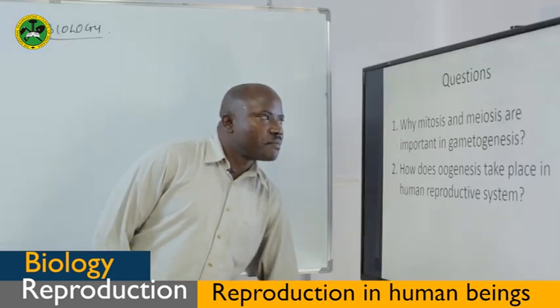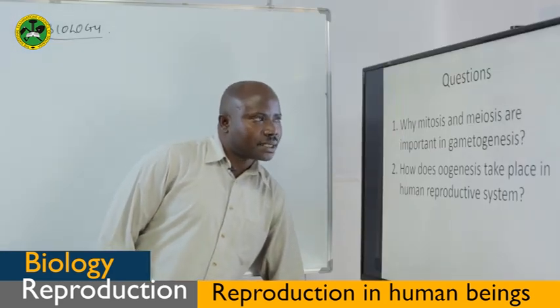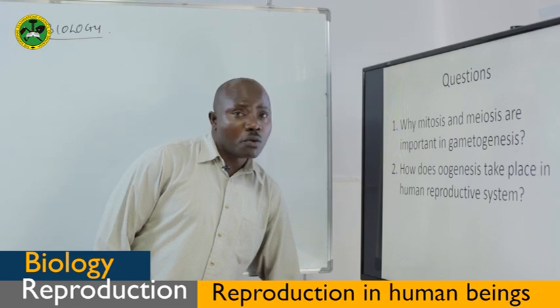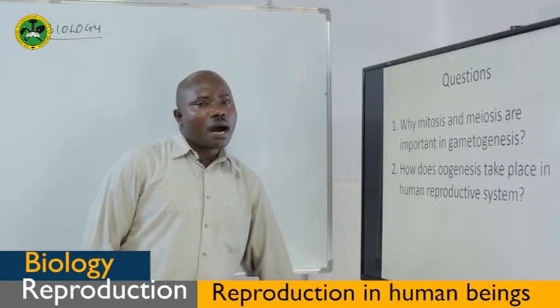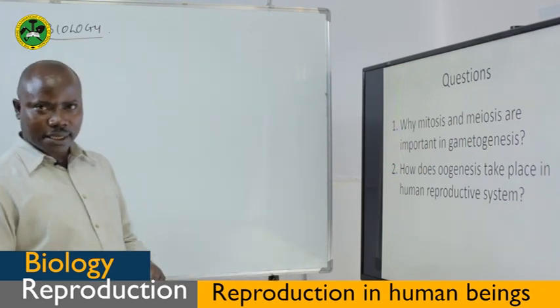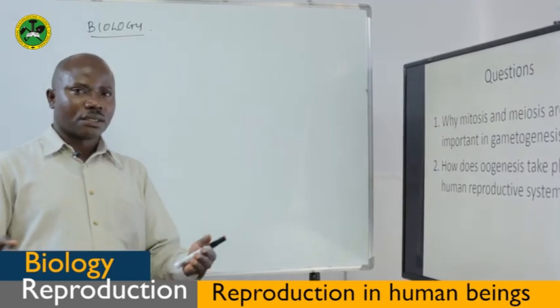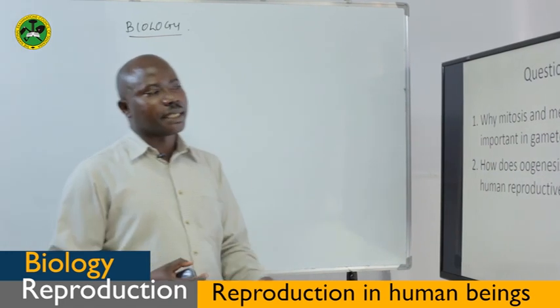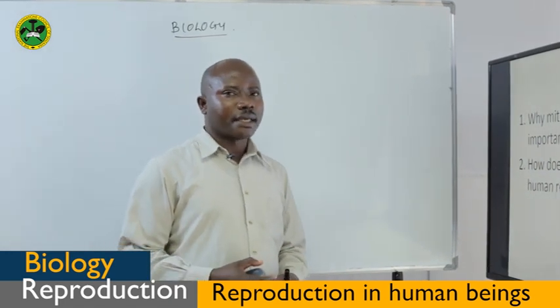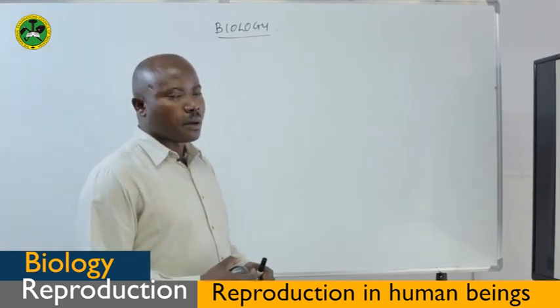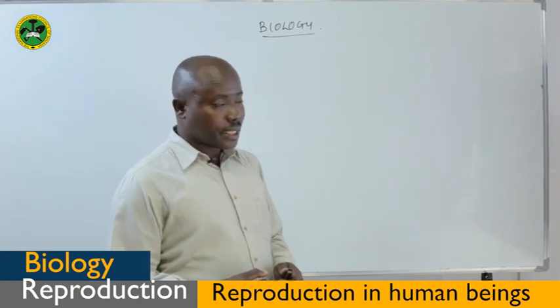This is what I have been presenting to you, but let me take you back on how we can answer these questions. I'm going to give you the guidelines on how, if you meet a question like this, you'll be able to answer it.